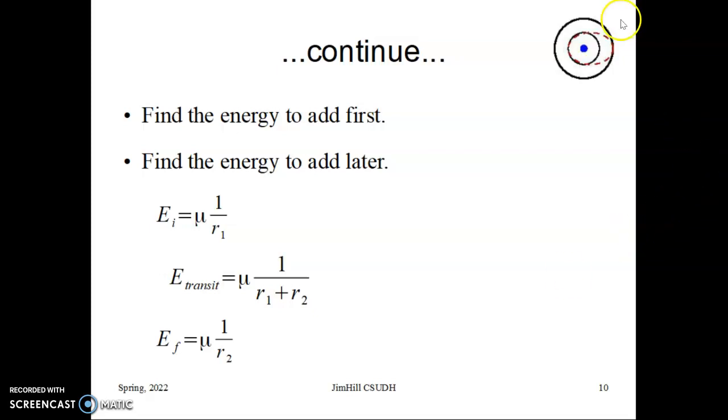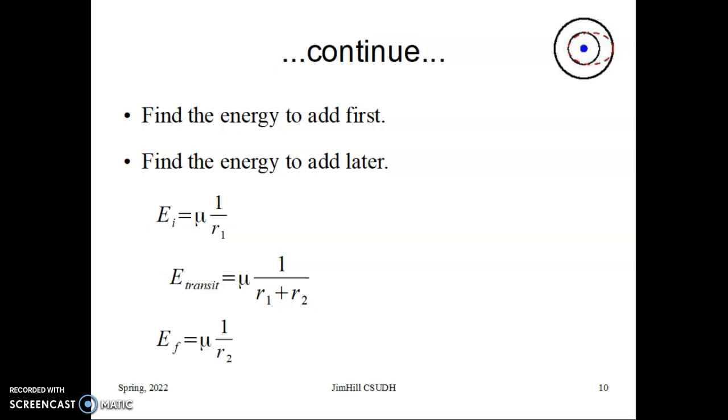Remember that the transit orbit, being more highly elliptical, has a maximum potential energy out where it's farthest from the Earth. So it's a minimum kinetic energy. So it's not going very fast there, which is why I need to add energy to get up to the speed necessary for the outer circular orbit.